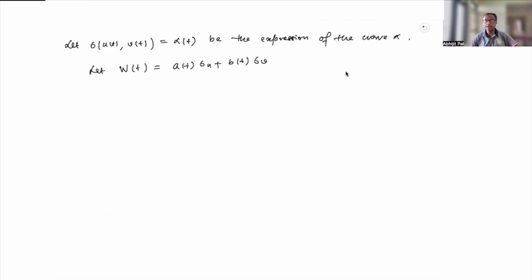So this W(t) will be a linear combination of this sigma_u and sigma_v.